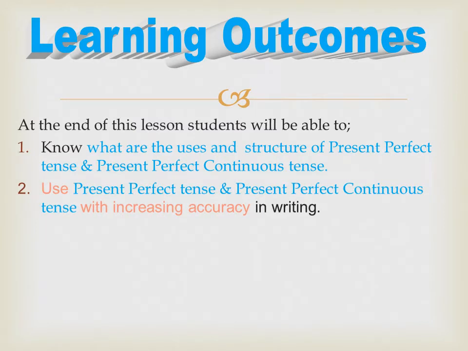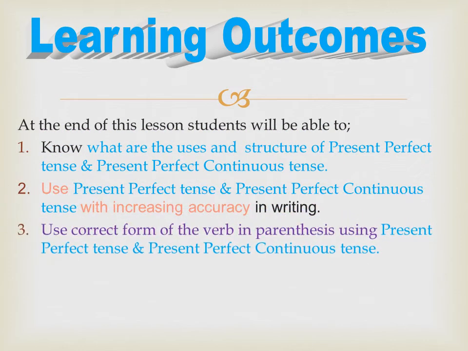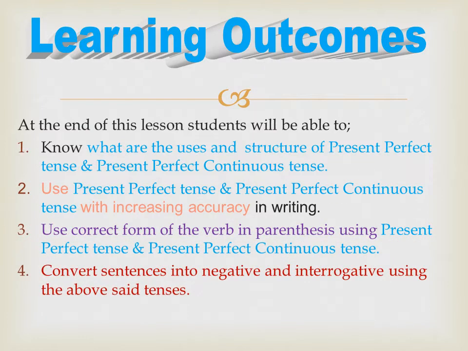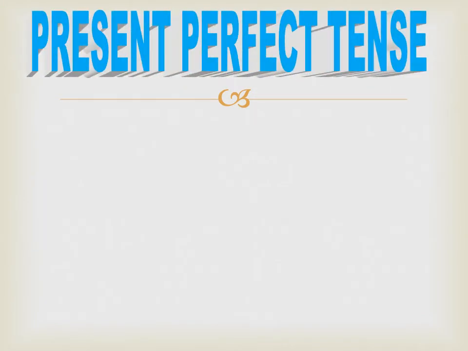Be able to use these two tenses with increasing accuracy in writing and use the correct form of the verb in parentheses using these two tenses, and you will also be able to convert sentences into negative and interrogative using the said tenses. So let's begin with present perfect tense.